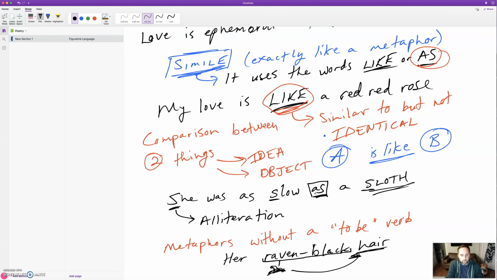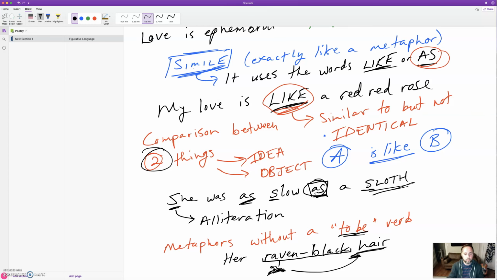Okay, so yeah, just keep your eye out that there has to be two things, and they have to be either compared with like or as, or transformed completely with or without a to be verb. Just be careful, just because you see the word as in a sentence, like there's another as here, right? So she and slow is not the comparison.